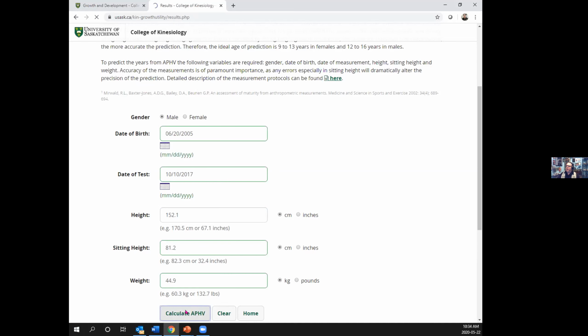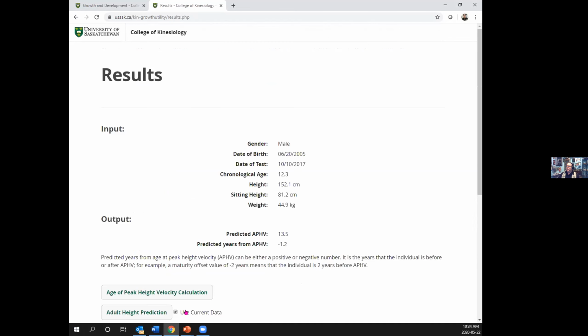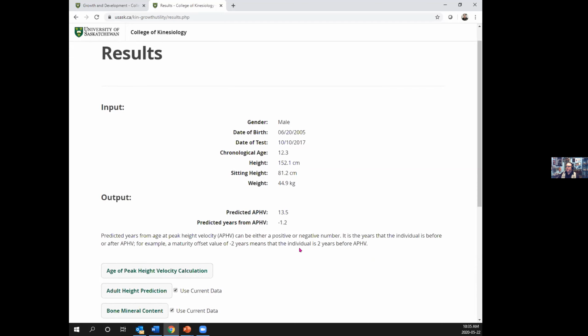By pressing a button, just using that equation I showed you before, it gives you an output that tells you that the predicted years from age at peak height velocity, or the maturity offset, is -1.2 at this measurement occasion. So their chronological age is 12.3, and what it's saying is that their predicted age at peak height velocity will be 13.5. So they're pre-peak height velocity.